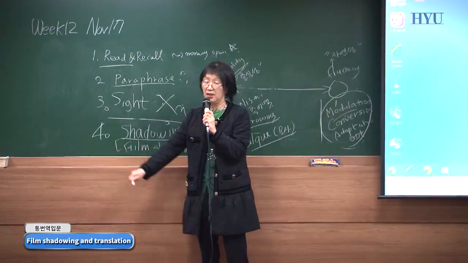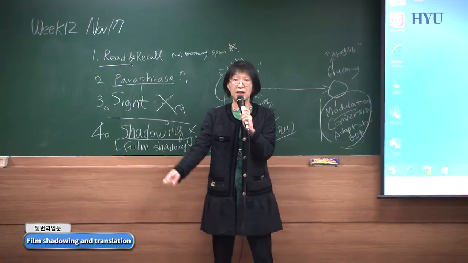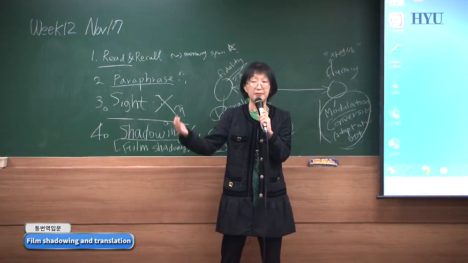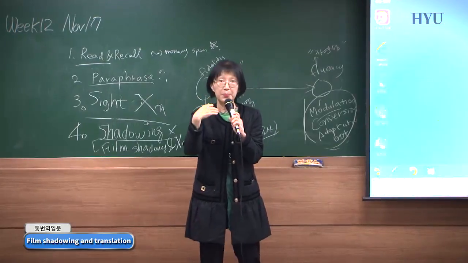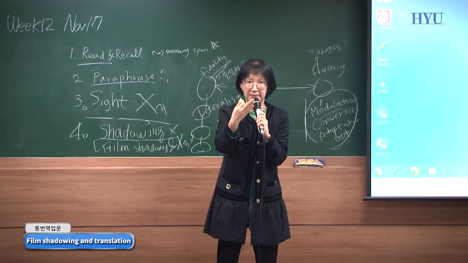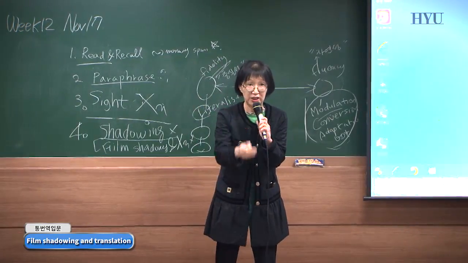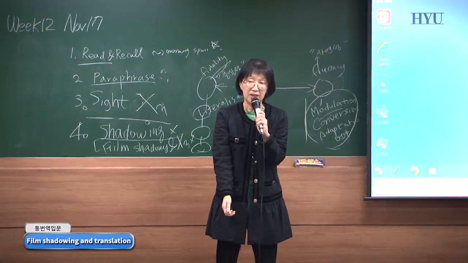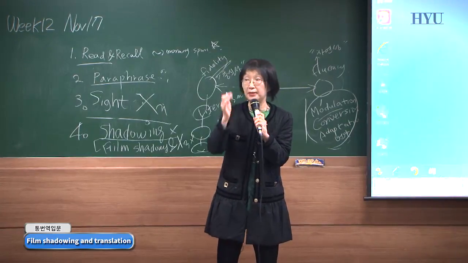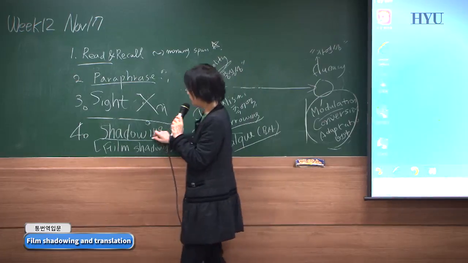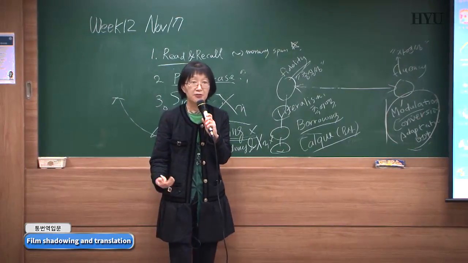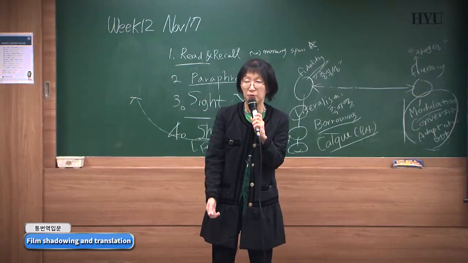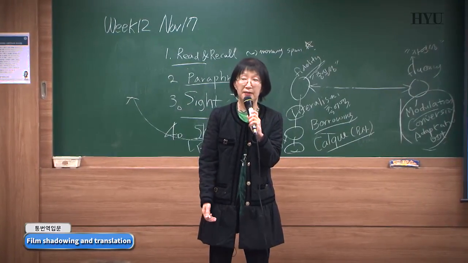What is shadowing? Well, shadowing is like a shadow. So you are listening, and while listening, you are repeating at the same time what is being said. That is a shadow. So we do a lot of shadowings for the interpreting classes. Why? The need for the shadowing is very clear.